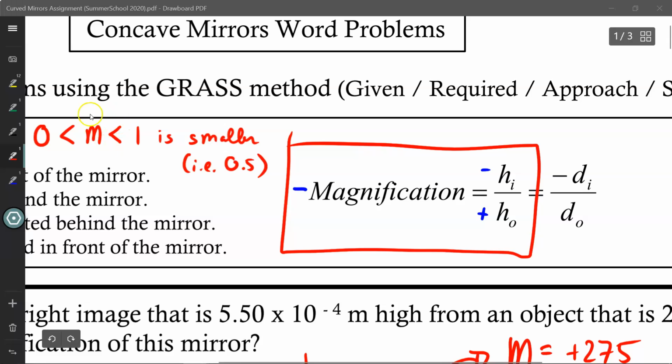So essentially, if magnification is between 0 and 1, so a positive decimal number, then the image is considered to be smaller. While if the magnification is greater than 1, then it is larger than the original object. Alright, so the negative symbol on a magnification has nothing to do with its size. The negative symbol just tells you that it's an inverted image. It's the actual numerical value that tells you whether or not it's going to be larger or smaller.